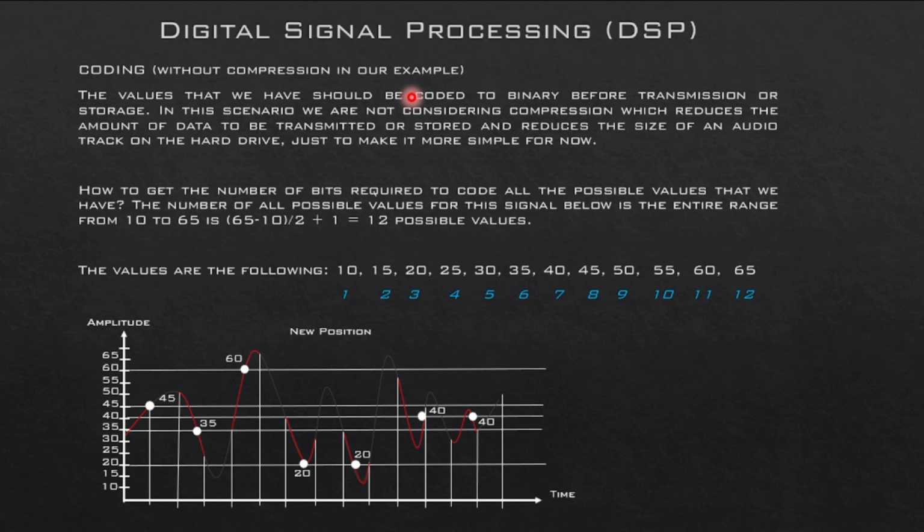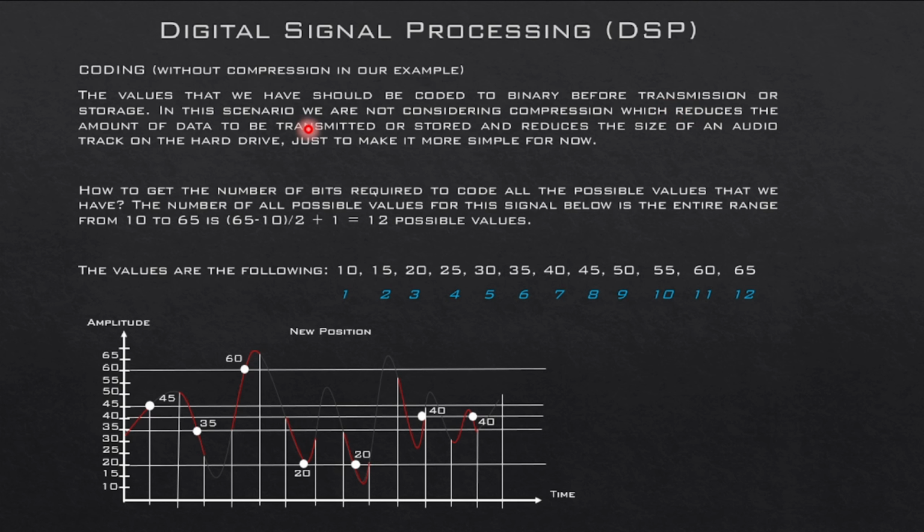Coding. Now, of course, here we're not talking about coding with compression. So we're considering coding without the factor of compression, which is usually used to reduce the amount of data that needs to be transmitted or stored if you're storing a file on a hard drive. So the values that we have should be coded to binary before transmission or storage.